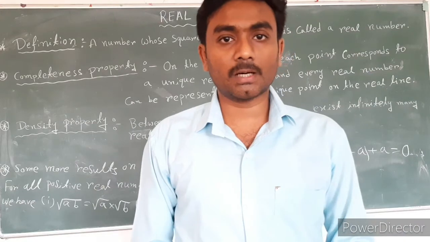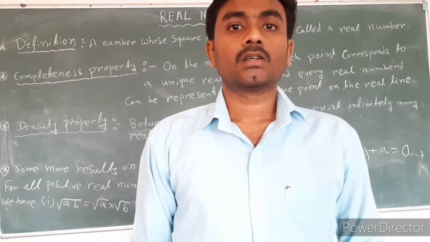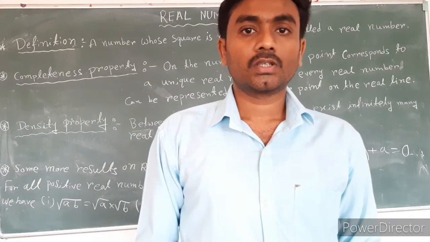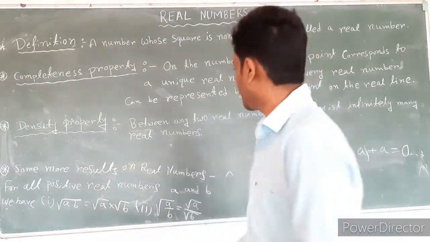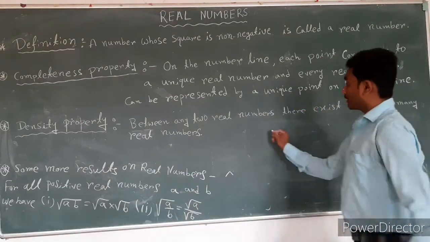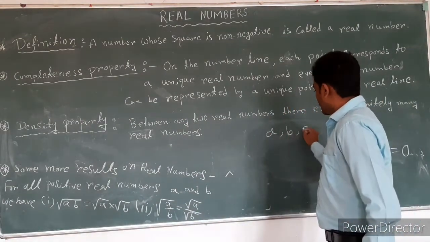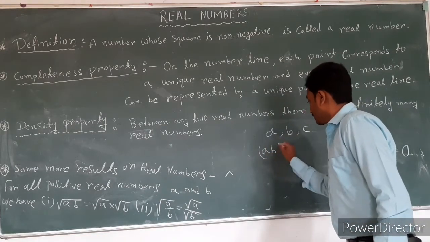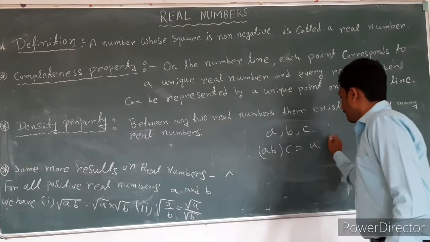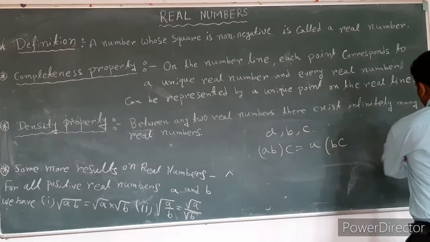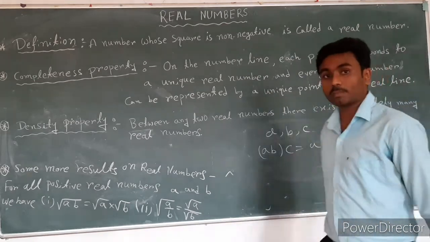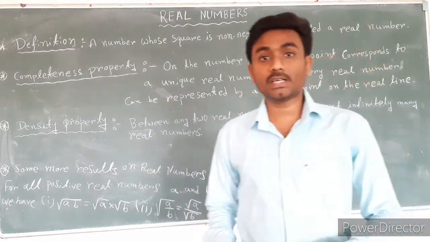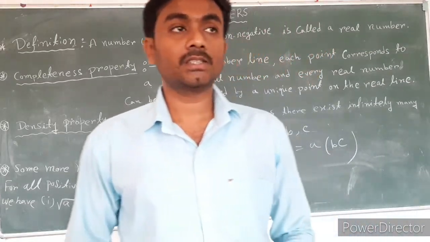For multiplication: the product of any two real numbers is a real number. a into b is equal to b into a, that is the commutative property. Associative property: if a, b, c are any three real numbers, then (a into b) into c is equal to a into (b into c). This is the associative property. Existence of identity: we know that 1 is the multiplicative identity.